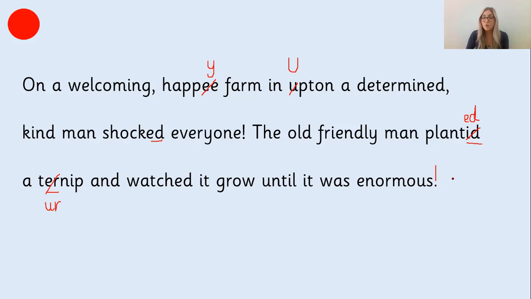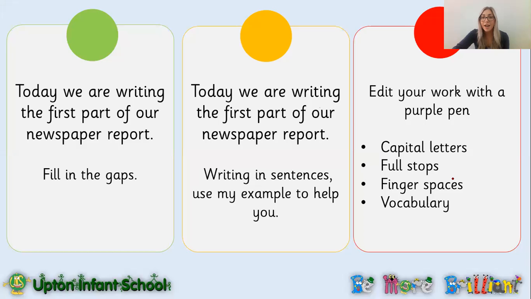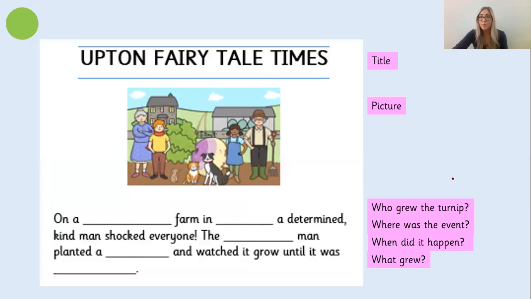So, remembering your tasks, everybody, you are going to have a go at just writing the first part, okay? So you need your title, you need a picture to start with, and then having a go at answering the questions that you can see in pink. So who grew the turnip? Where was the event? When did it happen?